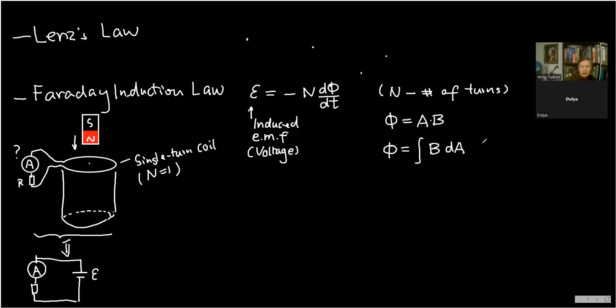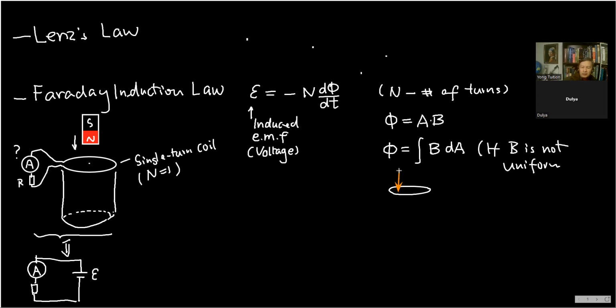So if B is not uniform... you know the uniform. For example, if in this area the magnetic field is just a constant, okay, we can use this color to represent the magnetic field.